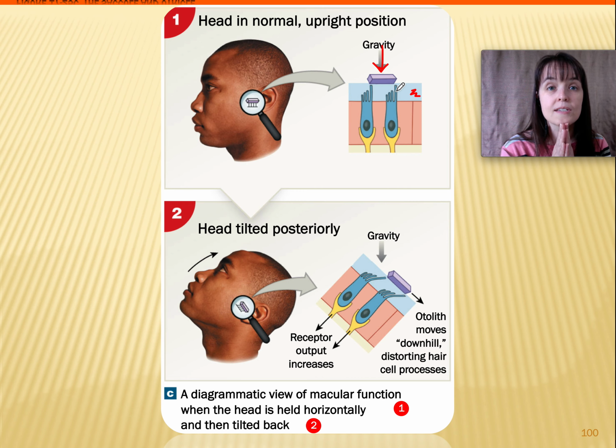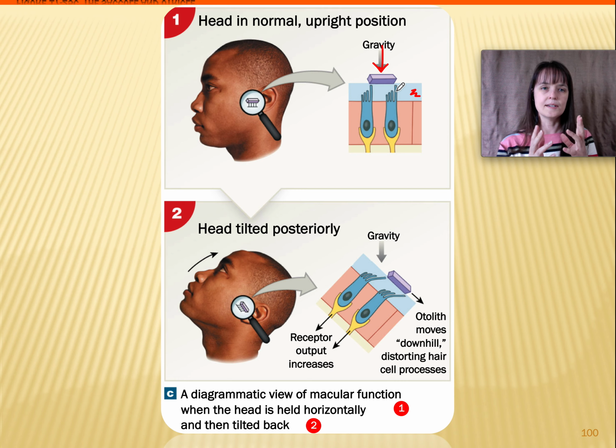So this is static equilibrium. It's how you can tell, when you're laying down, if you're laying supine or prone, and if you're laying on your side or on your other side, if you're upright or not.